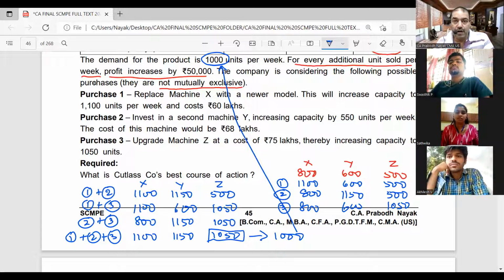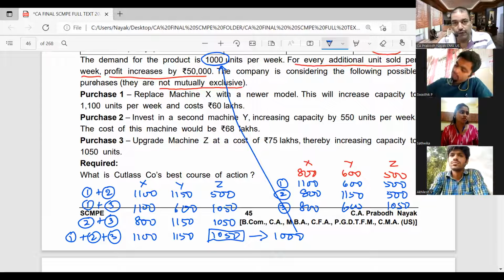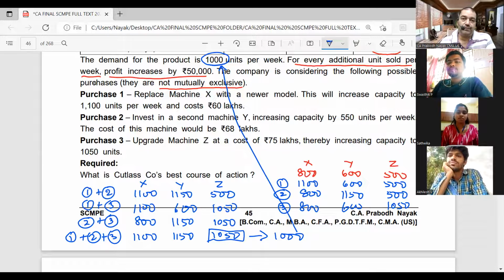Correct? My demand of 1000 units is met if I combine all the three options taken together. So individually, it is of no use. Combining two proposals at a time also gives me no benefit. But I have to combine all the three options so that I get a benefit and I'm able to meet my demand of 1000 units per week.